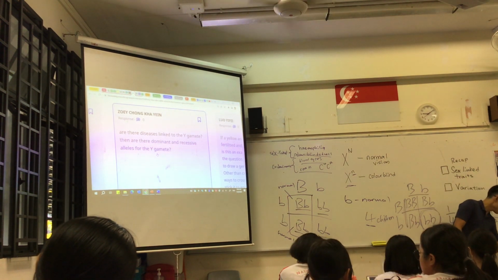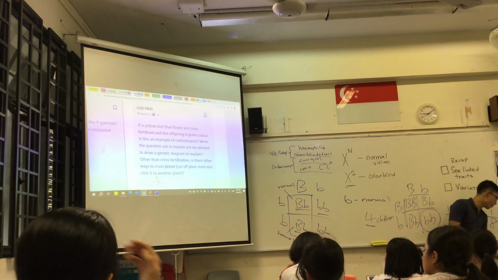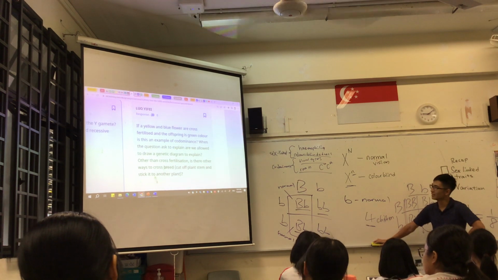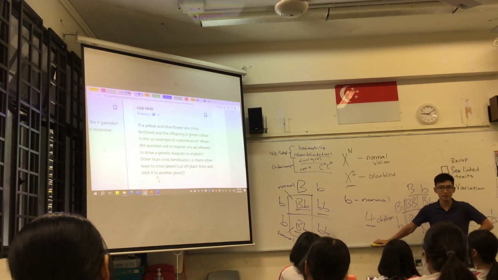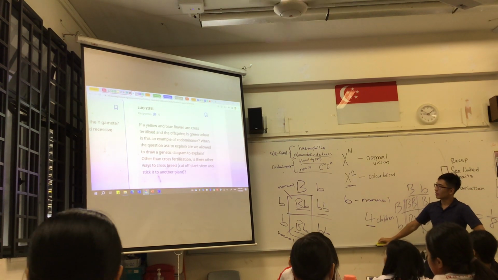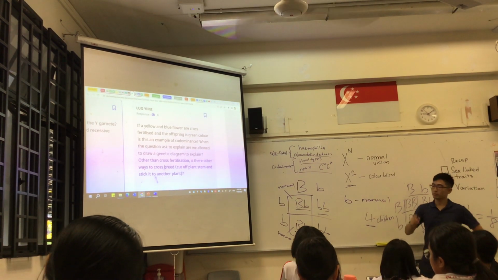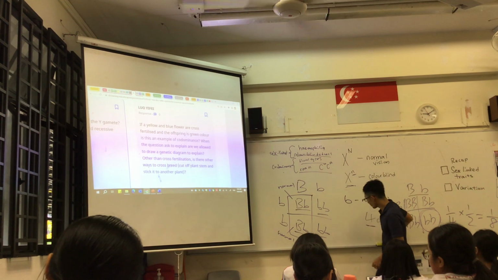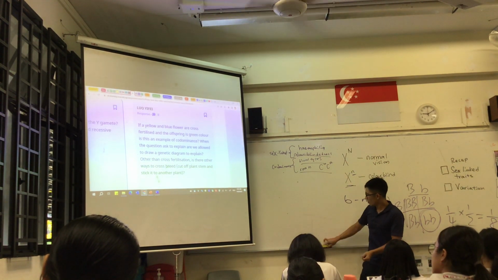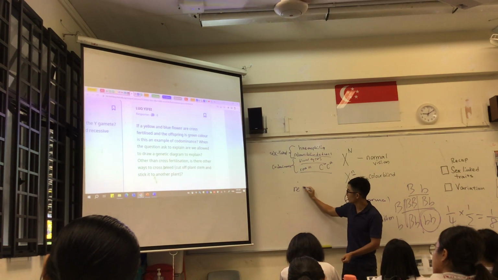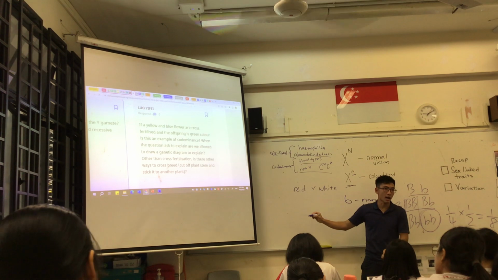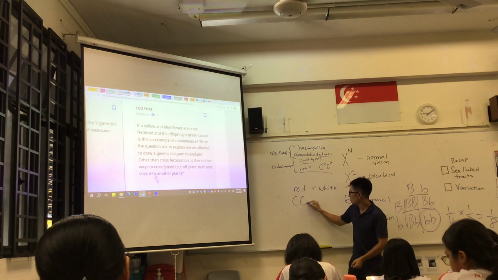If I ask, if a yellow and blue flower are cross-fertilized and the offspring is green color, is that an example of codominance? That's the question. Okay? If I go back to the cow example, where I have a cow that is red and a cow that is white, and let's say they are purebred.